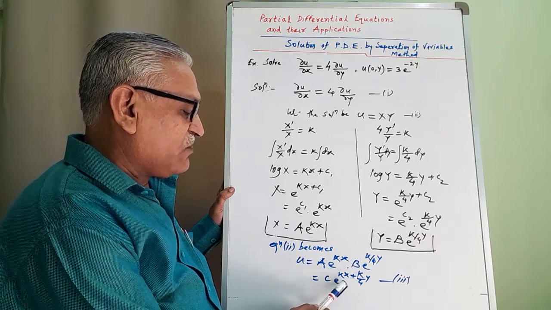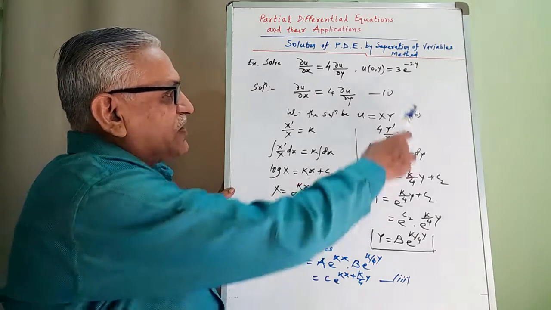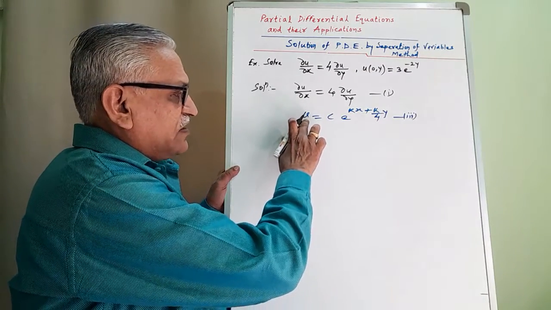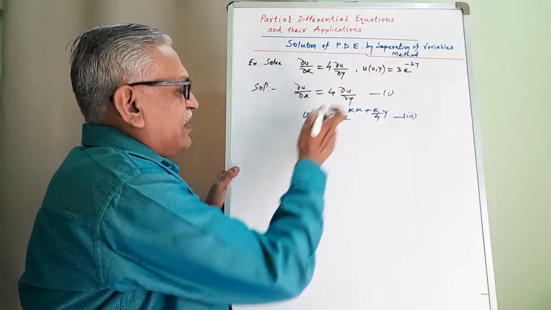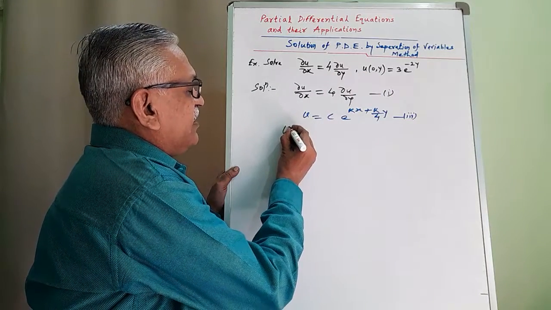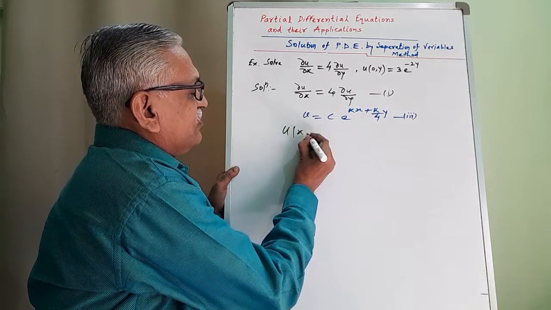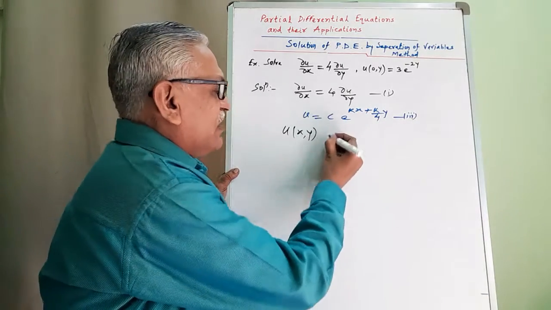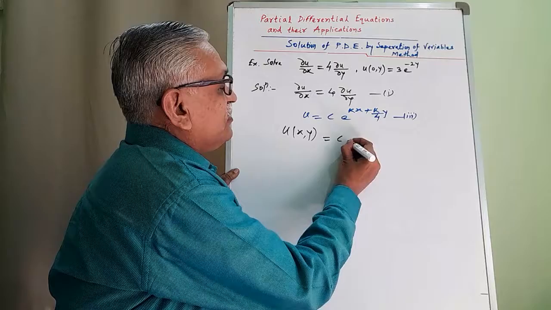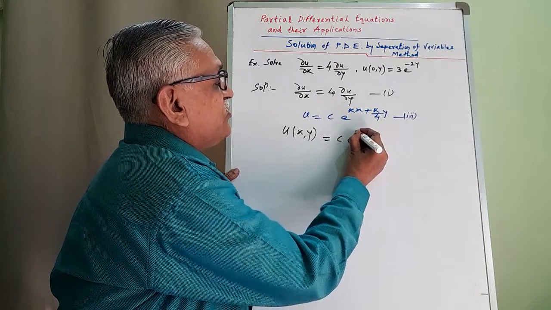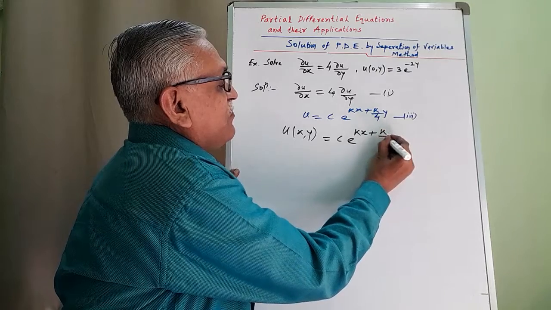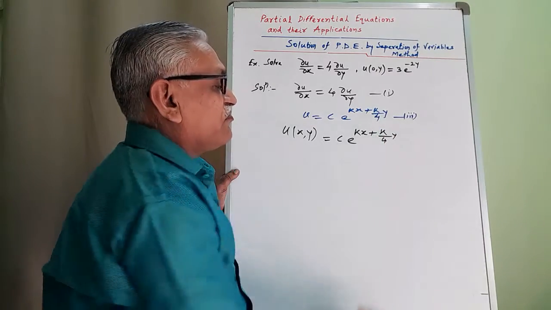To determine the values of these constants, we consider the required condition. Here u is a function of two independent variables x and y, so I can rewrite equation 3 as u(x, y) = C e^(kx + (k/4)y).